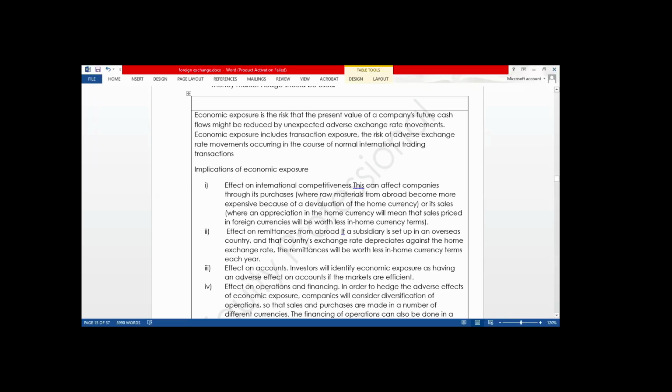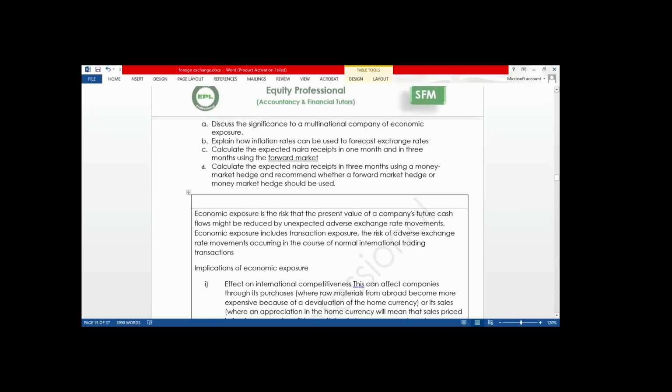We move to requirements B. Requirement B says, explain how inflation rates can be used to forecast exchange rates. Look at requirement B. How can we use inflation rates to forecast exchange rates between currencies?